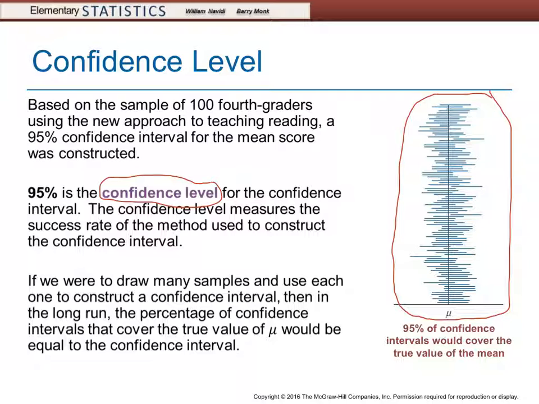We would say that 95 of those intervals cover the true value of the mean mu, and 5 of them would not. So therefore, the 95% confidence level is telling us that 95% of the samples that we gather would cover the true value of mu, whereas 5% would not.